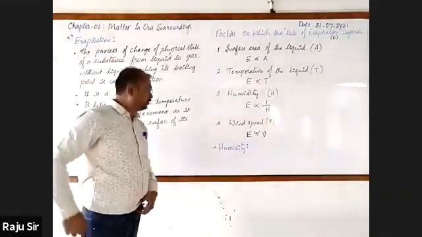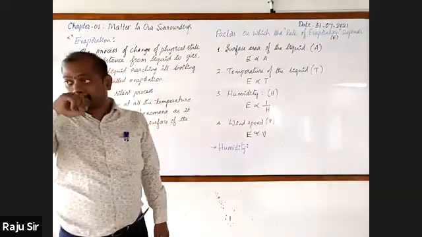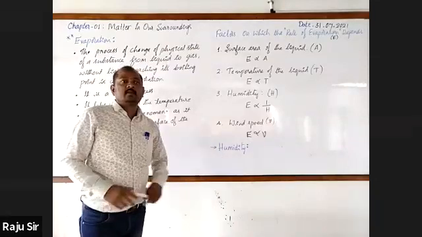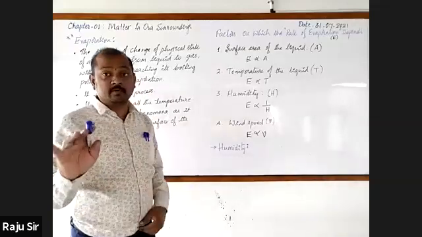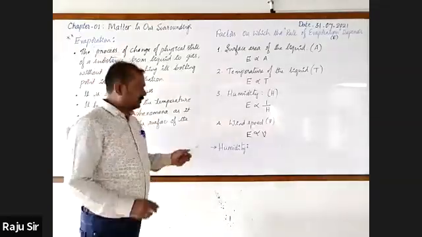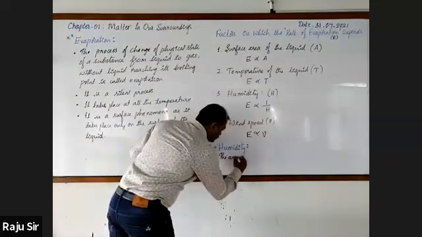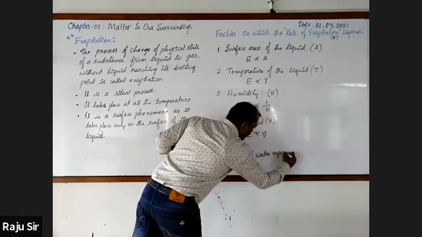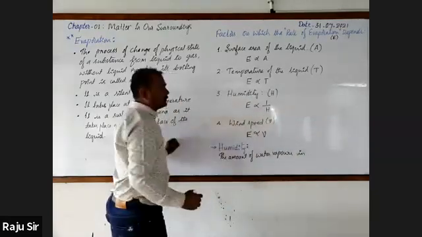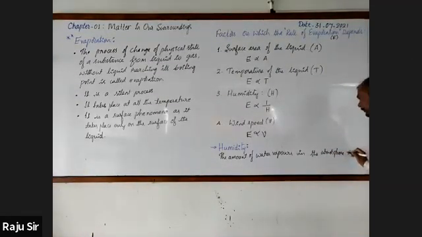After this, you may write humidity. What is humidity? The amount of moisture content present in the air. The amount of water vapors in the atmosphere is called humidity, right?